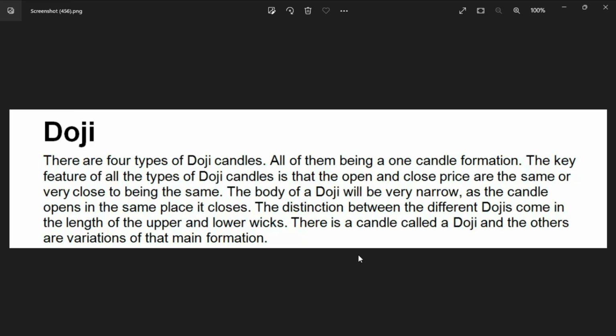Now, let me explain the doji and the types of doji we have. With the main doji, the length of the upper and lower wicks remains fairly small, as the market has lost the momentum it recently had.